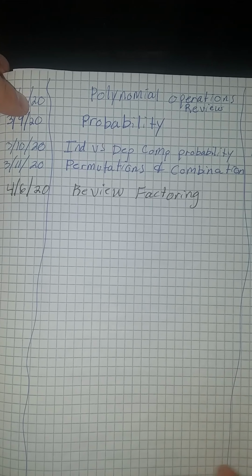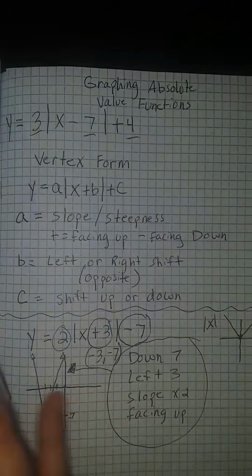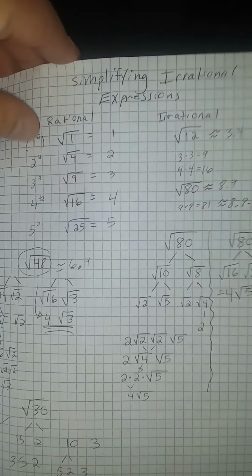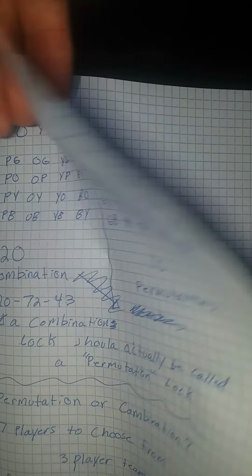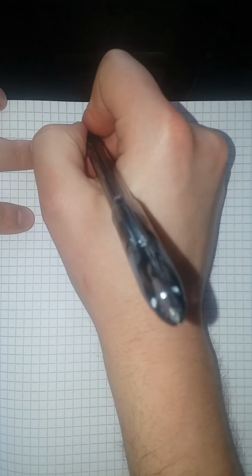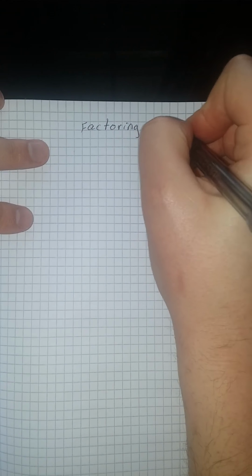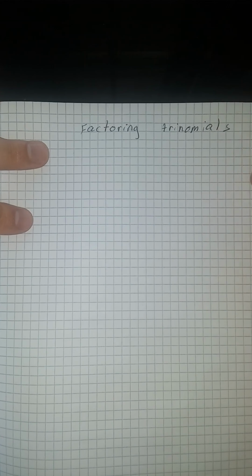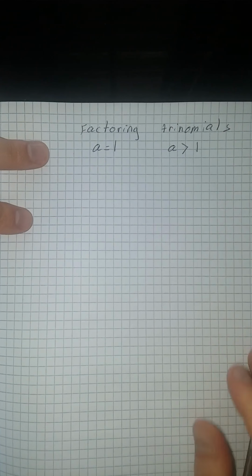We'll see what I can do. Okay, so factoring. Remember, there are 2 kinds of factoring. Factoring trinomials specifically. That's what we're doing. Factoring trinomials, both when a is equal to 1 and when a is greater than 1.